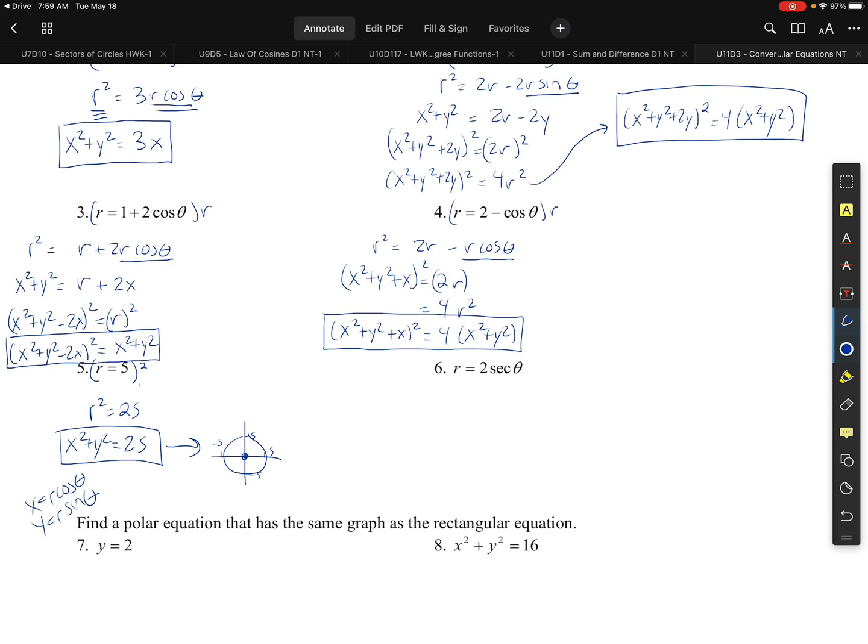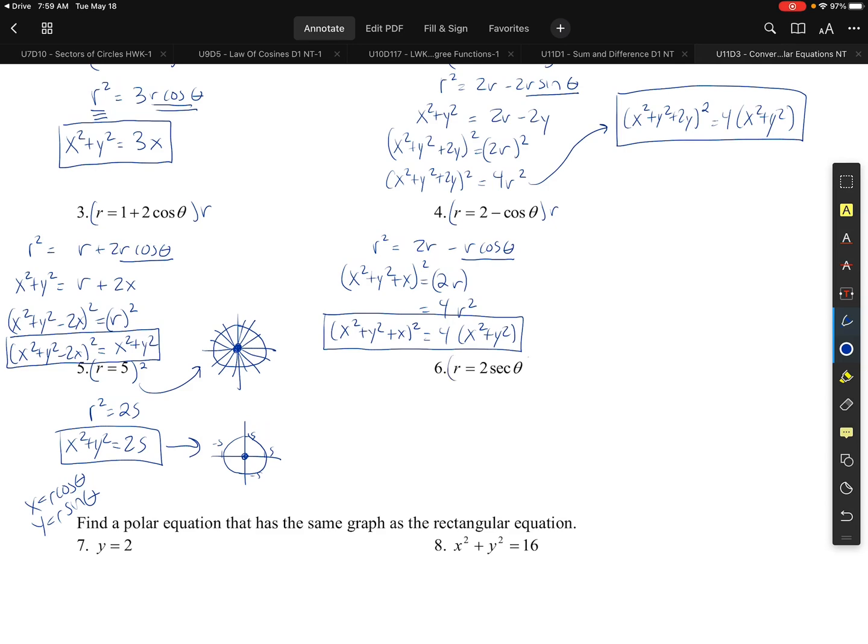This makes sense because the polar graph is just saying that if we have our center at 0, 0, every point has to be 5 units away, no matter the angle. So this is our polar. This one down here, our rectangular, is telling us we have a circle. The center is 0, 0, and the radius is 5. Same exact idea, two different graphs.